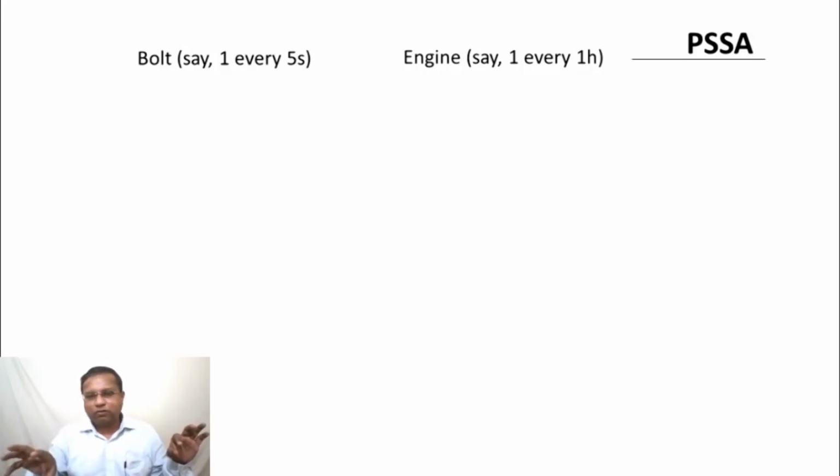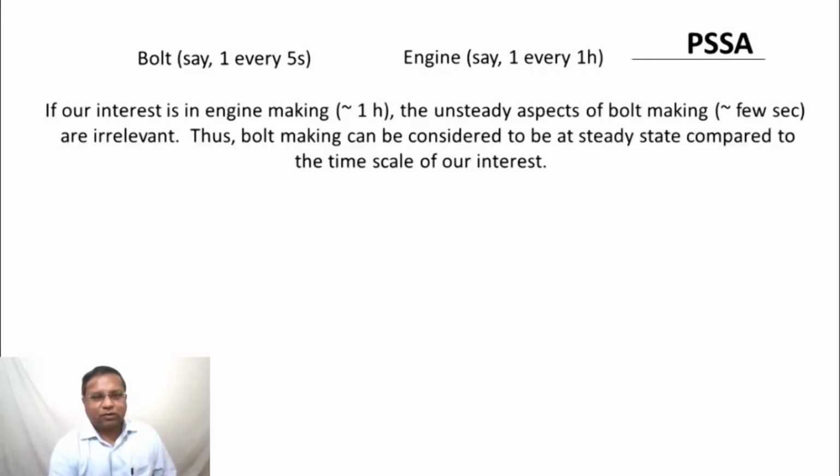If we focus on the slower process, then the much faster process can be assumed to be at steady state, whether it is actually at steady state or not. That is the pseudo steady state approximation. That's what is given here. If our interest is in engine making, about an hour characteristic time, the unsteady aspects of bolt making, a few seconds, are irrelevant.